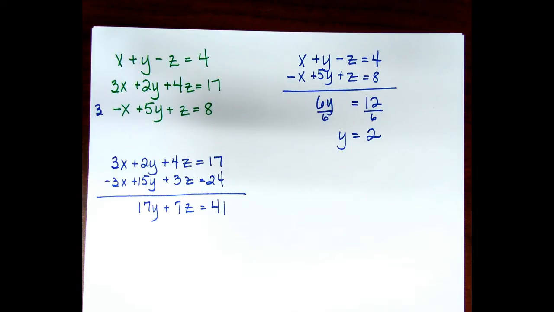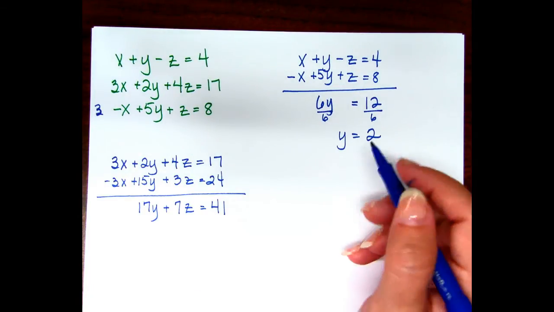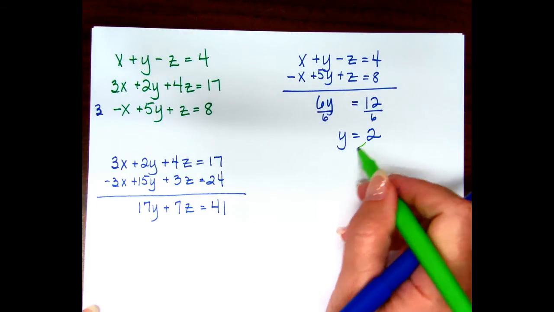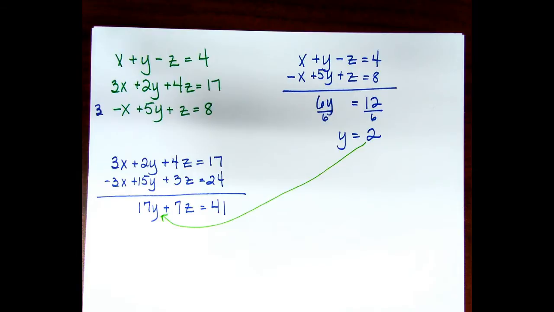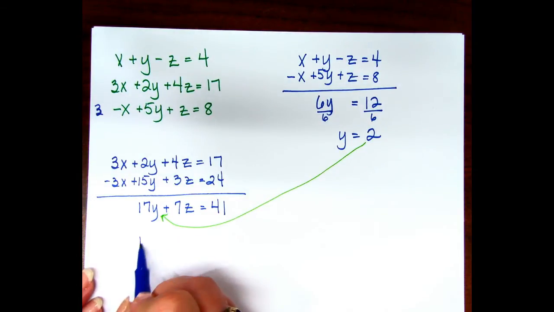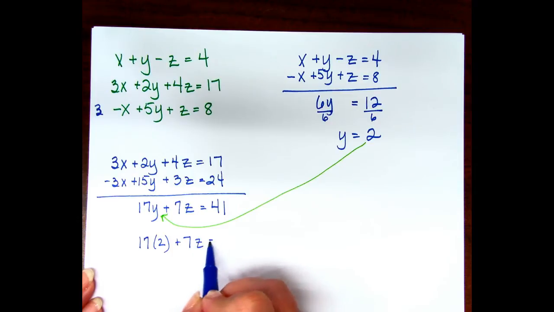But then I think to myself, I already know y. Why couldn't I bring y, this y right here, and put it right there? Couldn't I do that? So 17 times 2 plus 7z equals 41.